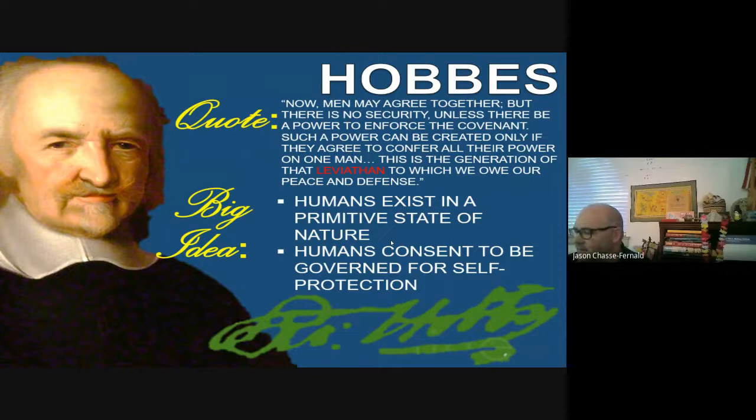That means people are inherently selfish, greedy, and want to take care of themselves. And we consent to be governed. Thus, we give up some of our freedoms so that we will be protected. We want someone to protect us from the mob in the street.